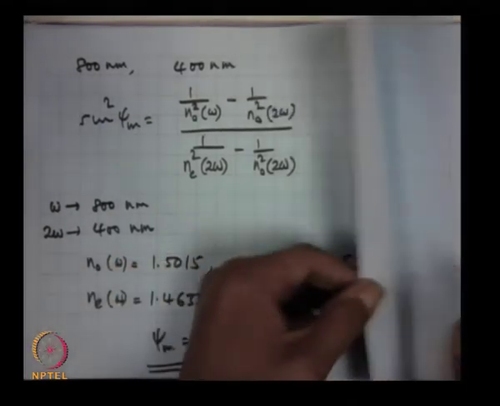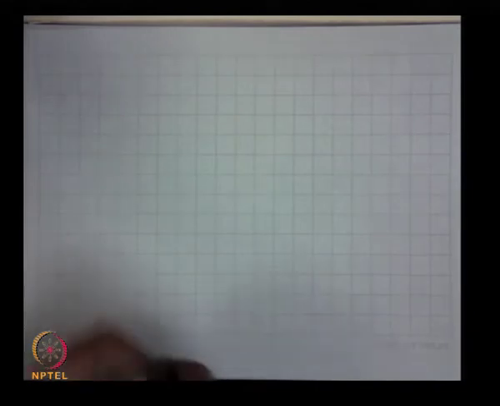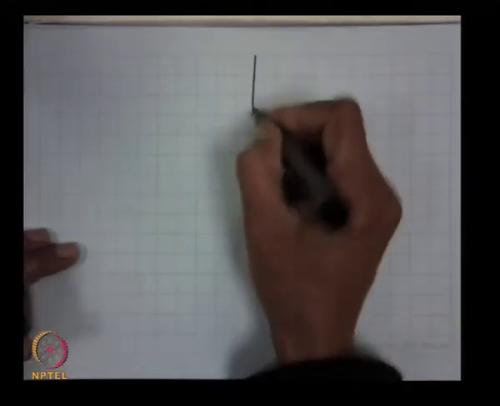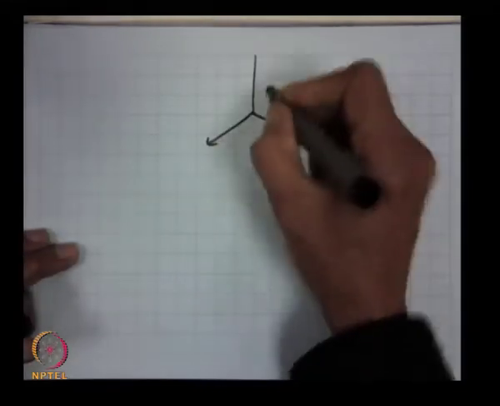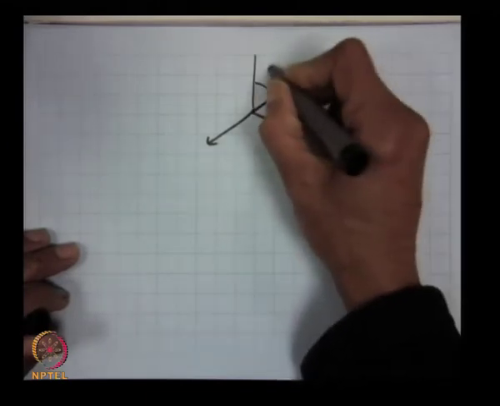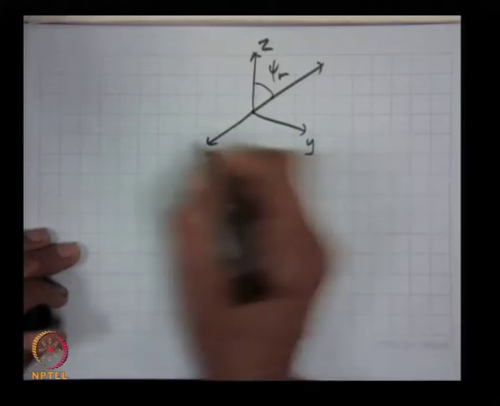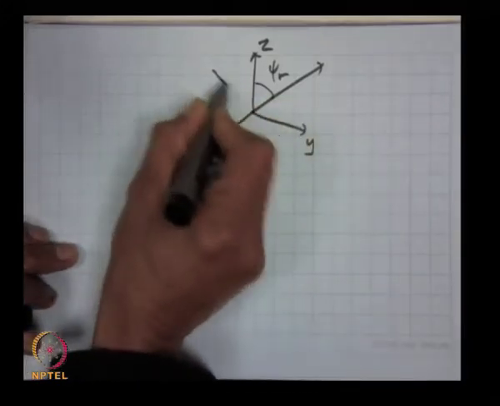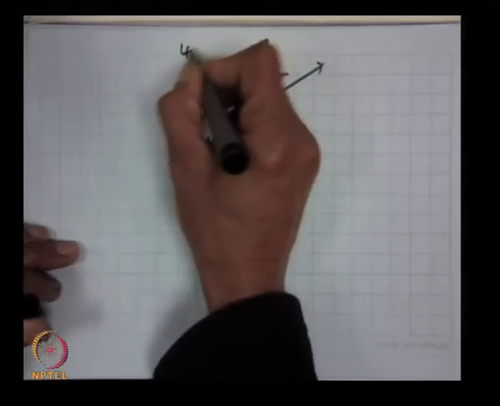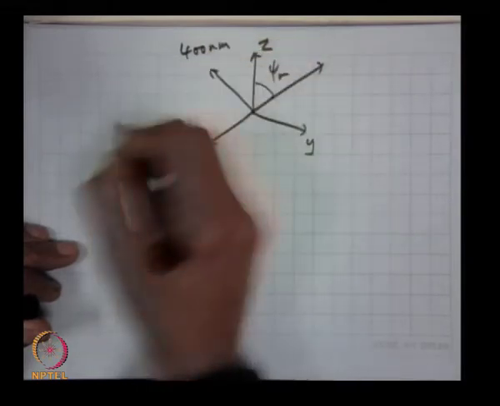So I take the KDP crystal. Again, go back to the KDP crystal. And my propagation direction makes an angle psi m with the optic axis. And I launch a 400 nanometer wave like this. Input.